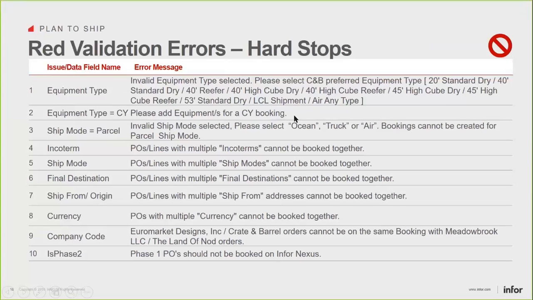And for a CY booking, if the equipment is not added on the plan to ship, then after validating the document, you're going to see a message telling you, please add equipment for a CY booking. Then go back to the identification screen to add the equipment, select the equipment type and enter the equipment count.